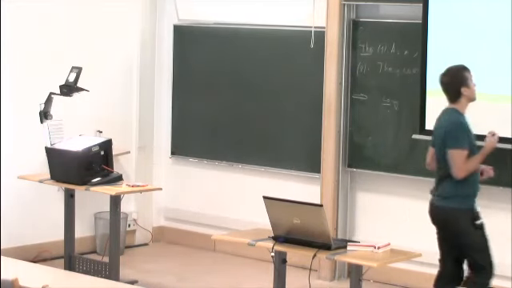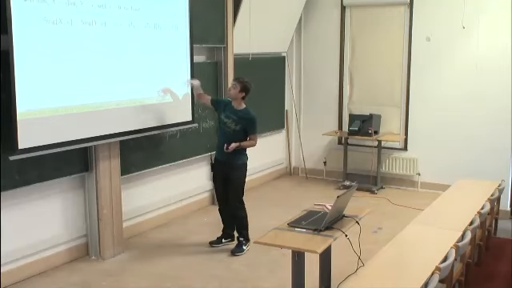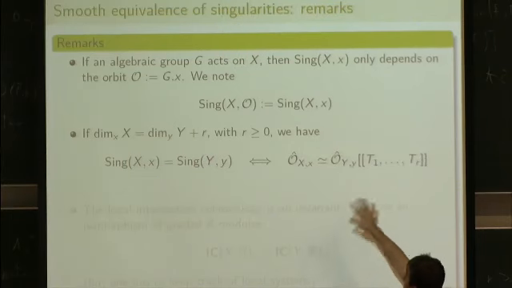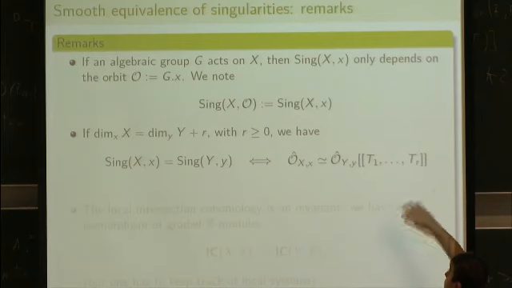So if you take local rings and completions, then they are isomorphic up to tensoring with this ring of power series, formal power series, which is formal functions on affine space. So it's really the same kind of information as working in the analytic topology locally.